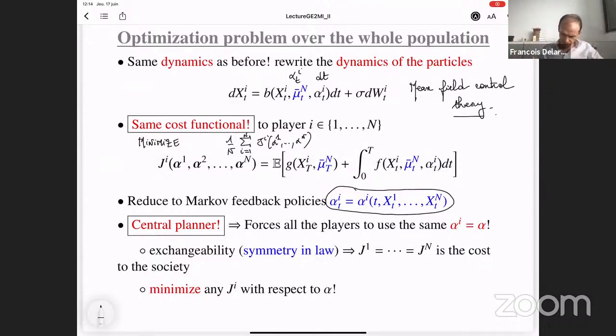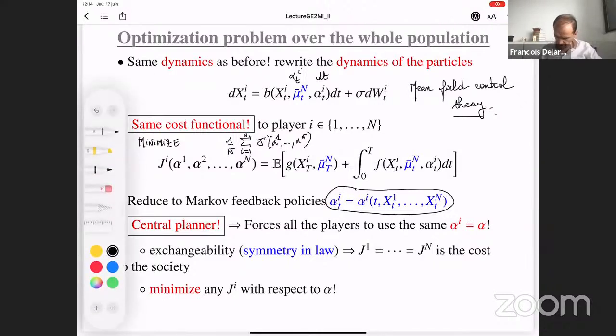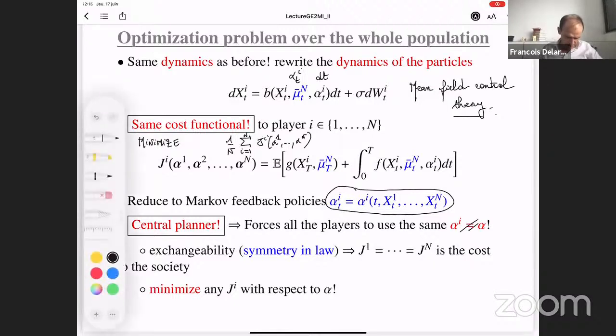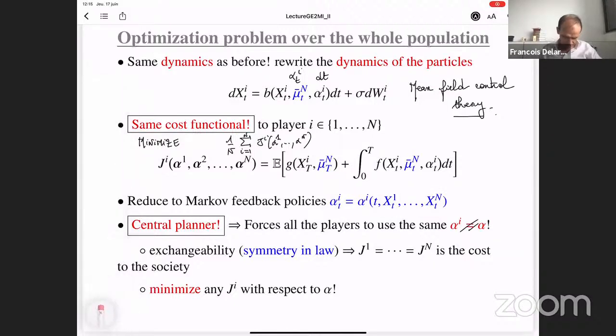And well, this formulation is not exactly correct, what I put in this slide. I should correct it, by the way. What the central planner is going to say is that all the players are going to choose the same function alpha, depending on their own state and the global state of the population.